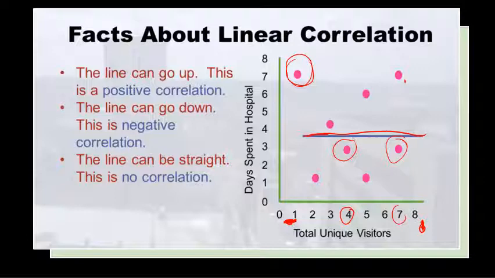So this graph has no correlation, and that's okay. We do these graphs so they allow us to see whether or not there is a correlation, whether the X is actually causing the Y to happen. In this case, it does not look like the X is causing the Y to happen.